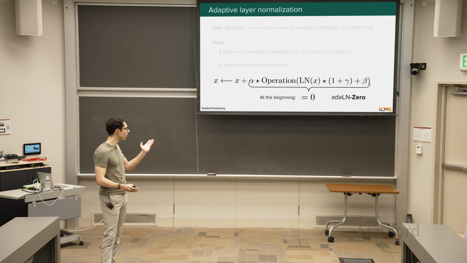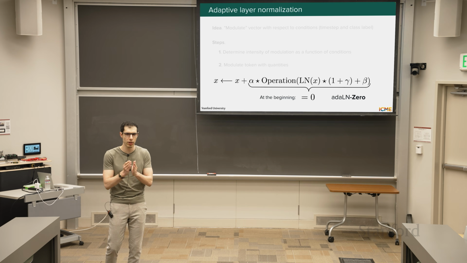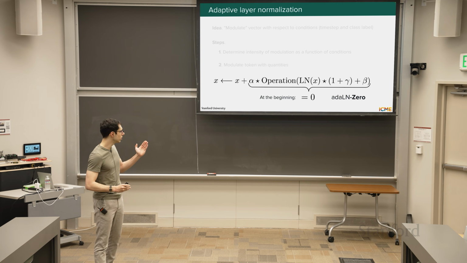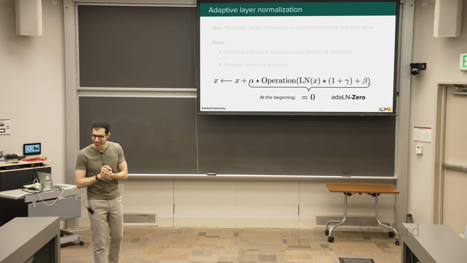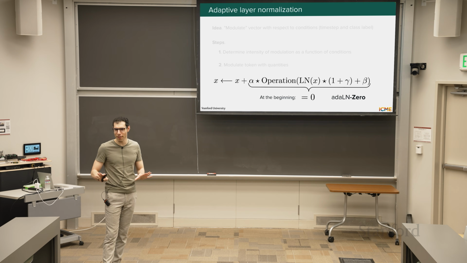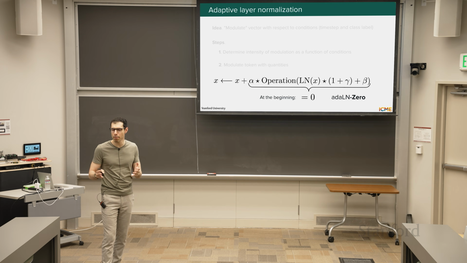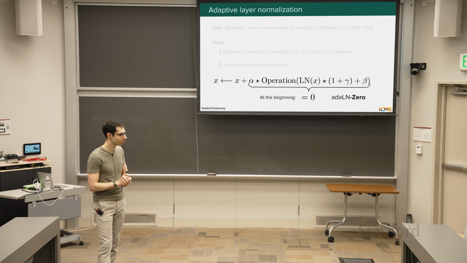So by the way, you set alpha, gamma, and beta to 0, I believe, in most implementations. But alpha being 0 already guarantees that at the very beginning of training, you... Yes, so the question is unconditional? Yes. So at the very beginning, you don't have any impact from the condition on your embedding. So far, so good?